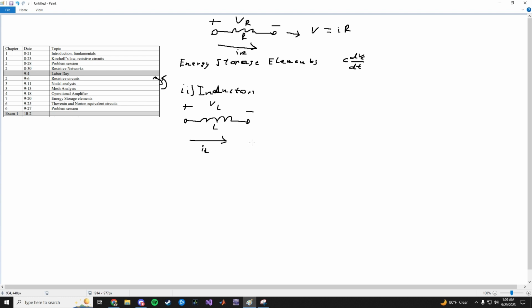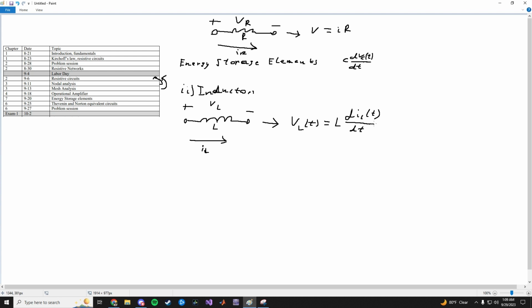So the equation to represent this two-terminal component is VL. Remember, these are functions of time: VC of t, VL of t equals L times the derivative of the current over dt.